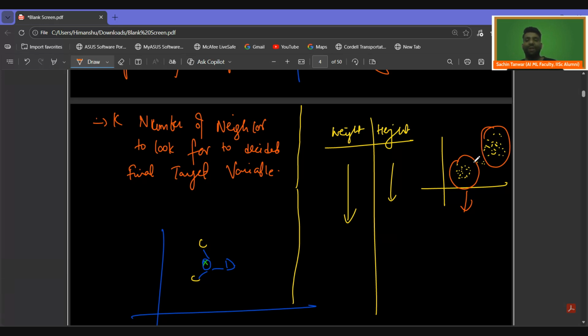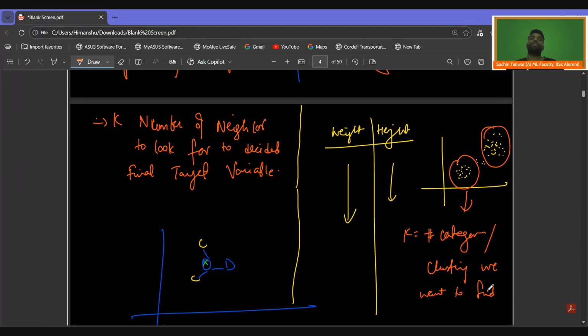For example, right now we had the idea that we have two categories or two clusters, but if I don't know, we need to identify what the number of clusters present can be. So K over here would be the number of categories or clusters we want to find.